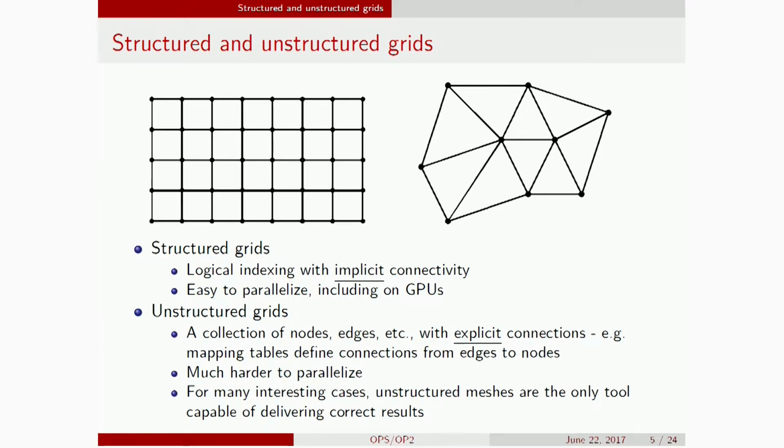And we get a much harder problem in terms of parallelization, because we have to calculate which chunk of edges, for example, can run in parallel based on this connectivity information, and we have to keep track of this for every kernel that we want to compute.